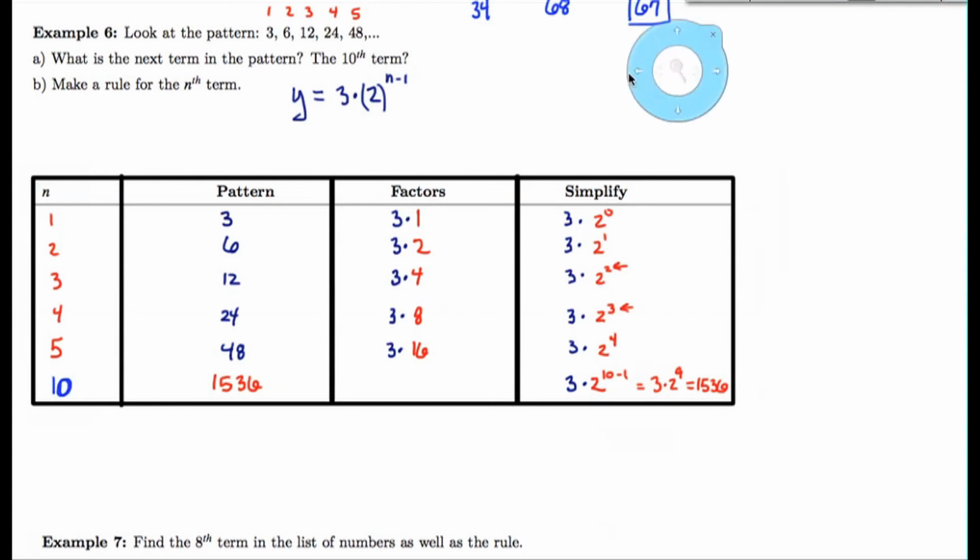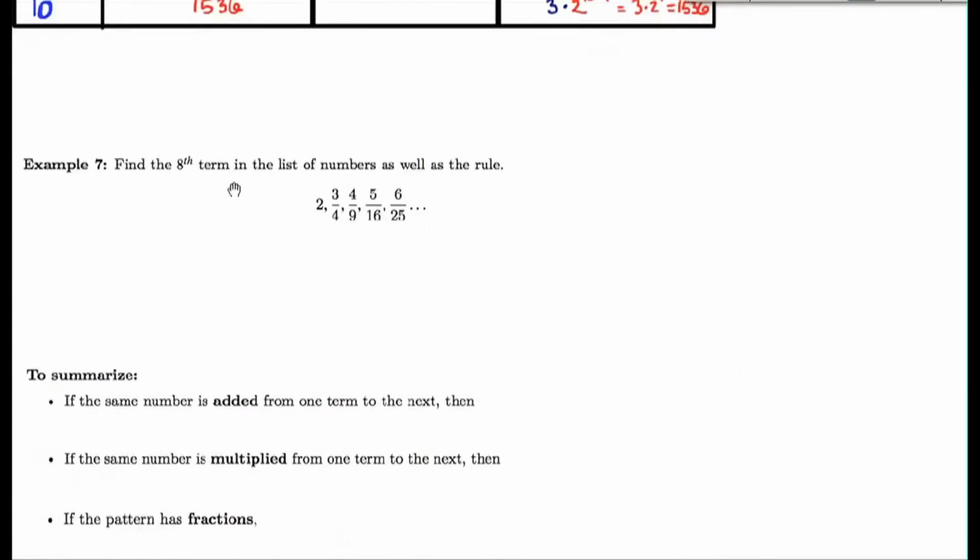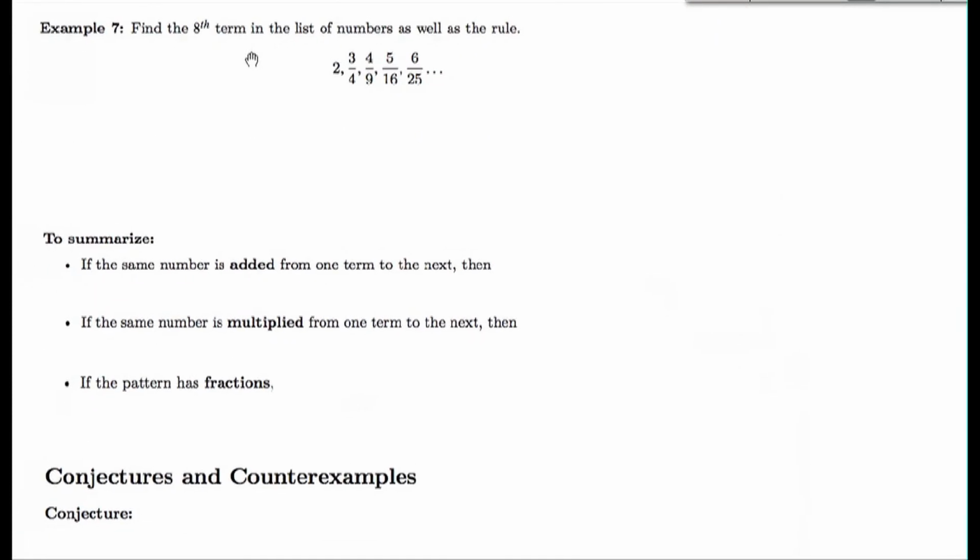Okay, we have one more type of example to look at, and this has to do with fractions. So, example 7, find the 8th term in the list of numbers as well as the rule. With fractions, we want to separate the numerator and the denominator.